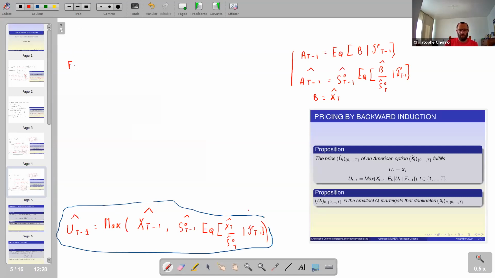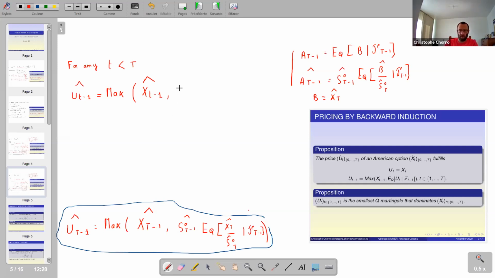for any time t less than capital T, what I will have is the following: U t minus 1 will be, and you can do it by induction, or just by reproducing the reasoning I have done here, the maximum of what you obtain if you exercise at time t minus 1, you obtain X t minus 1, and if you don't exercise, you will obtain something that will have a price U t at the date after, that is at time t.